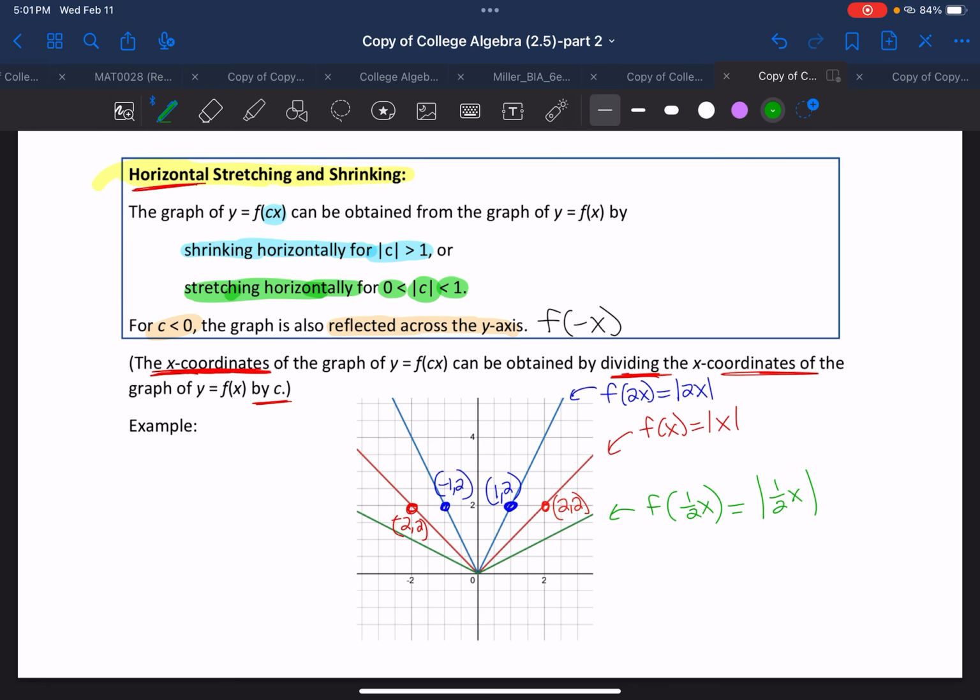And so on here, I actually didn't include them on the graph. But to change the x value here, I would have to divide the x value of 2 by 1/2, and that would give me 4, which would be here. And this one would be over here, which would be negative 4.